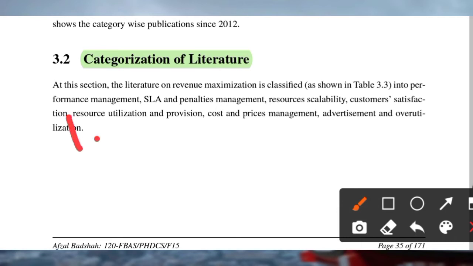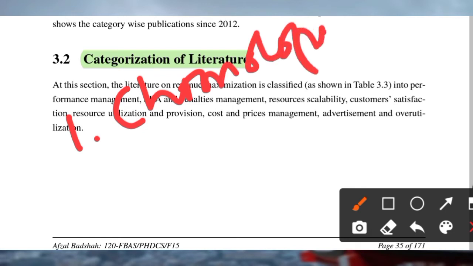The first one is chronological. Chronological means that you organize the papers according to the date. For example, you start from 2012 and write towards 2021, or you can do the opposite. But you have to go from 2012 to 2020 according to your collection of data.